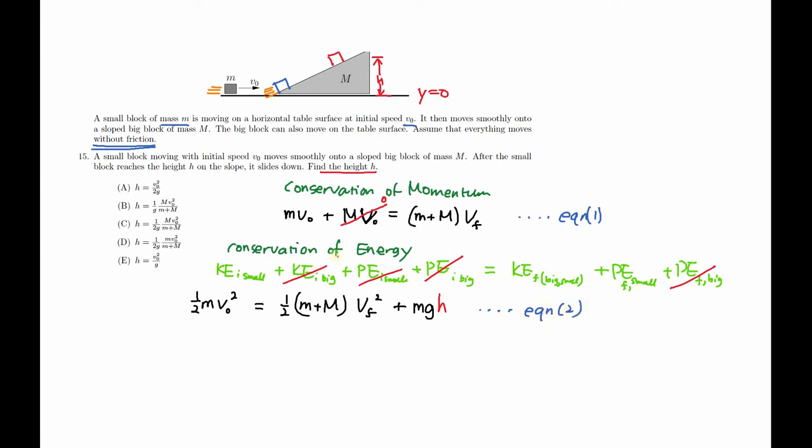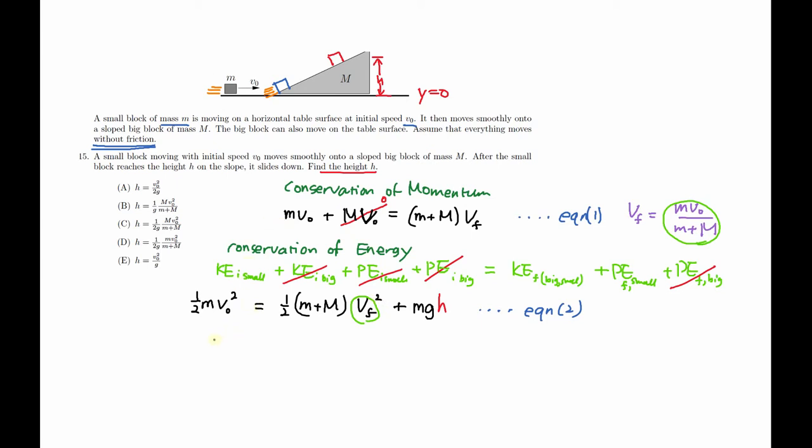Looking at our choices, I see that the big V final is not involved in choices A through E. Therefore, we can rearrange equation 1 for V final. Just divide both sides by m plus big M, so V final equals m V0 over m plus big M. You can replace that now, replace this with here. Don't forget to square, however.